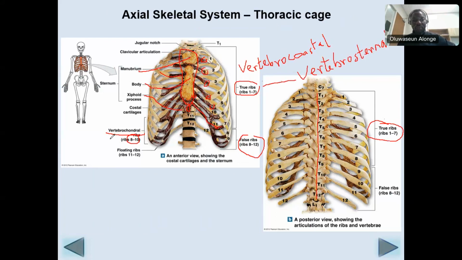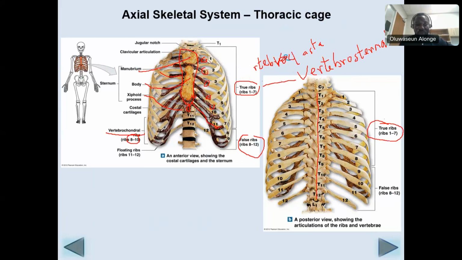Ribs 8 to 10 are called vertebrochondral ribs. The reason is that they are connected to the vertebra behind and to the cartilage in front.